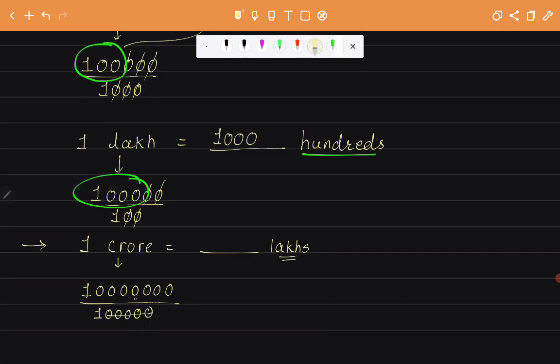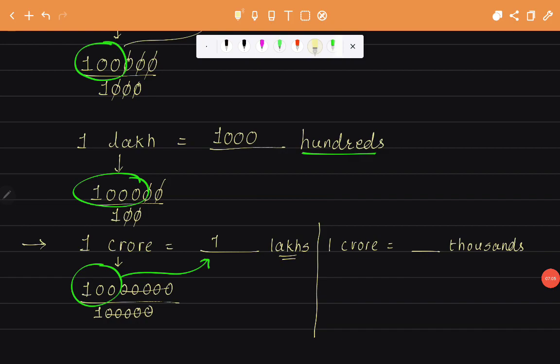Here 5 zeros cancel and here also 5 zeros cancel. So now I can say that this 100 is our answer, that is 100 lakhs. In the same question you are asked 1 crore is equal to dash thousands. They have given the answer, but we are keeping it blank. So let's first write down 1 crore.